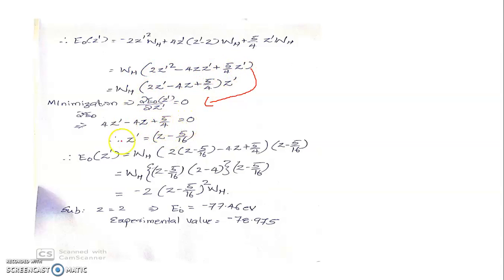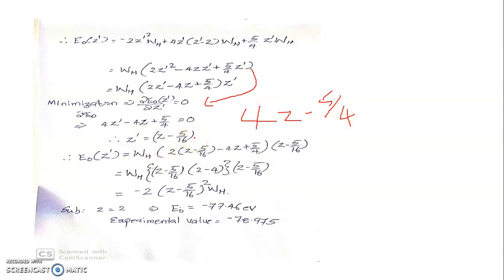This is equal to 0 means z prime, the adjustable parameter, equal to, take the remaining terms to the right side. So 4z prime equal to 4z minus 5 divided by 4. So that z prime equal to, divide this by 4, make it say z minus 5 by 4 into 4, 16.